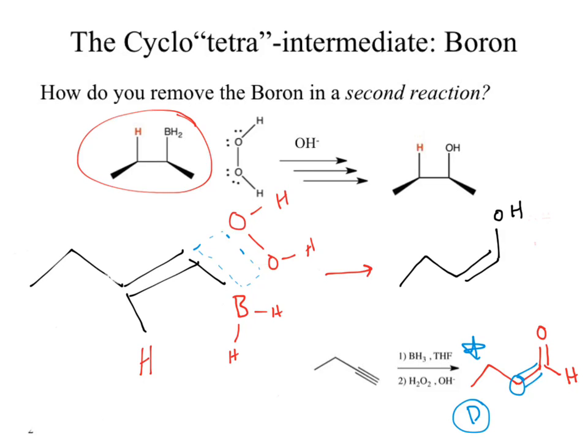The reagent adds hydrogen and OH to an alkene just like it would to an alkyne, the exact same way it would add to an alkene. There is no difference in that reagent.